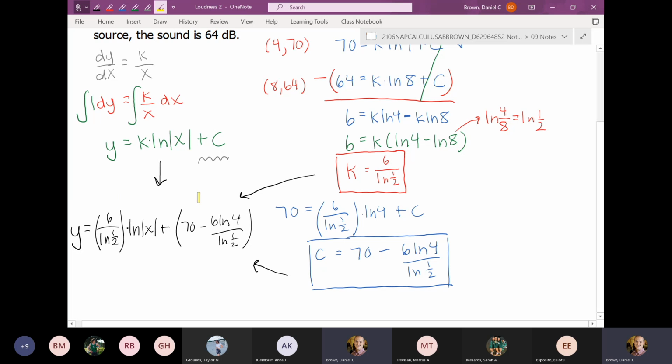And you can leave your answer like this. I will say this does simplify way, way down. But on a free response question, that answer is perfectly okay. That would be the equation modeling the decibels away from the source of sound.